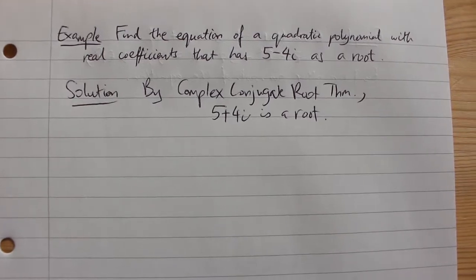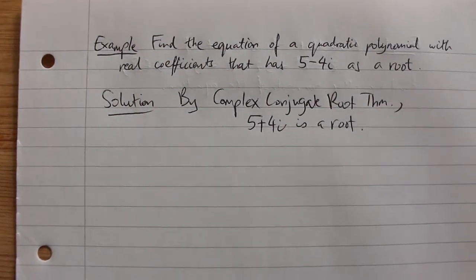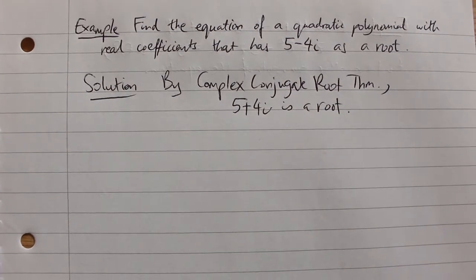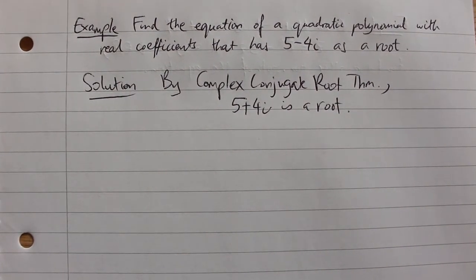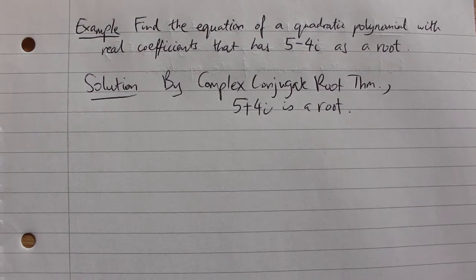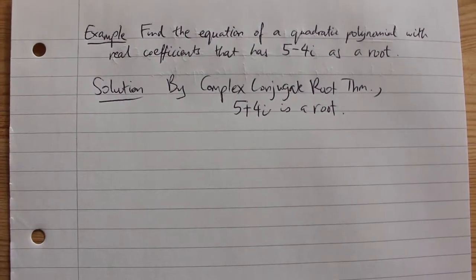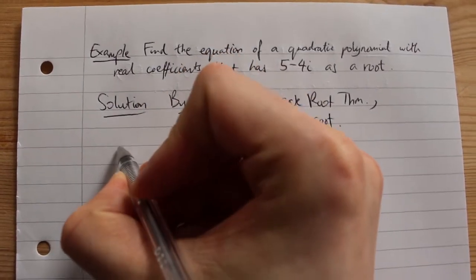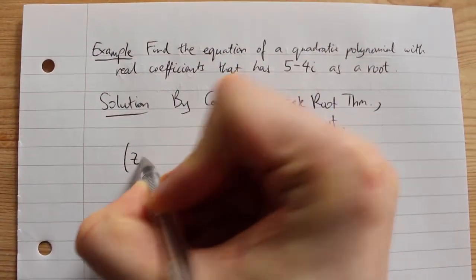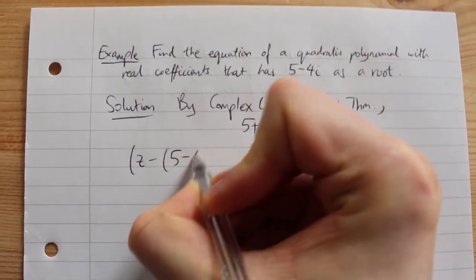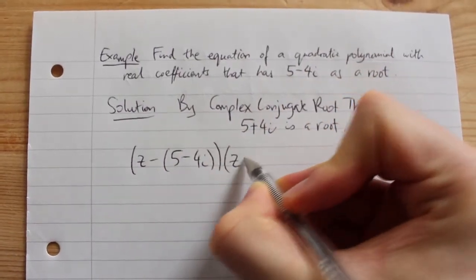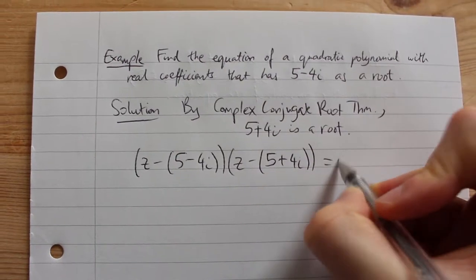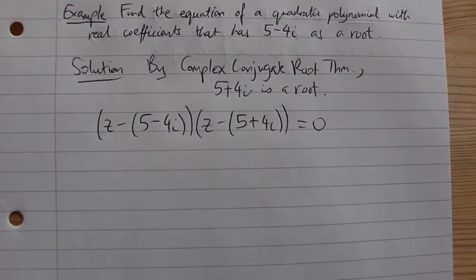And it's a quadratic, so it can have at most two roots over C. So we know the roots are 5 plus 4i and 5 minus 4i, so by the factor theorem, the quadratic must factorize as z minus 5 minus 4i times z minus 5 plus 4i equals 0, or any multiple of this.